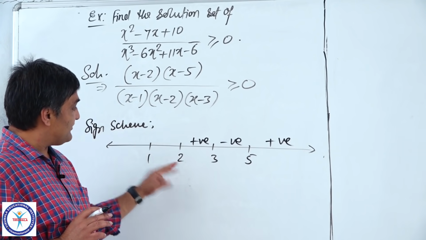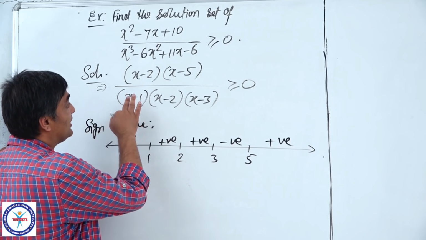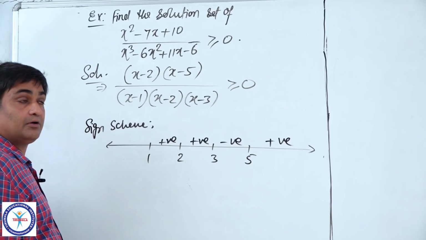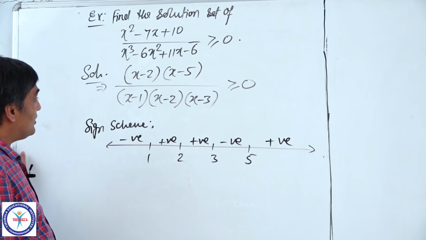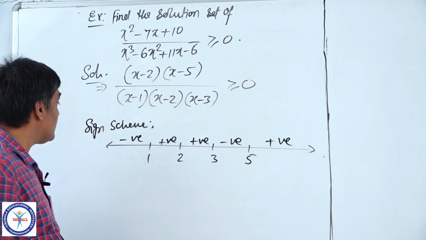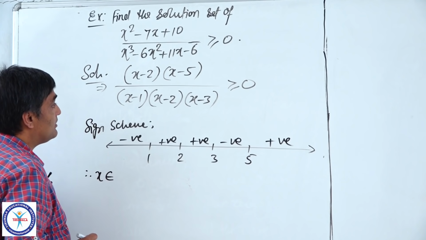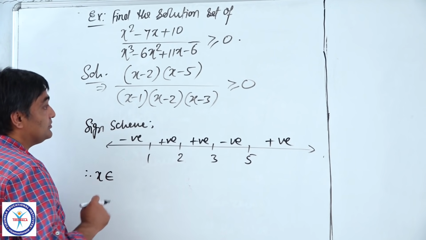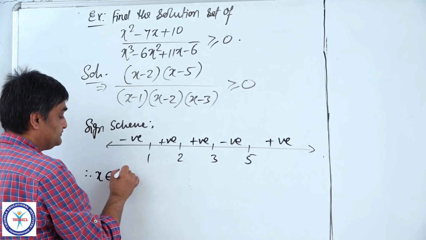So frequency of 2 is even, sign won't change. What is the frequency of 1? 1 time, sign will change. Now we need greater than or equal to. x belongs to positive intervals.